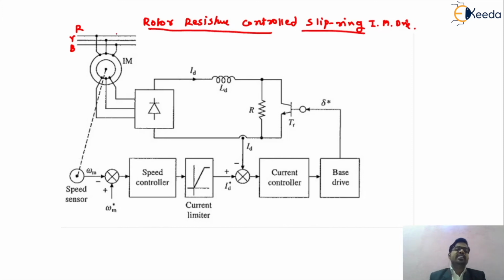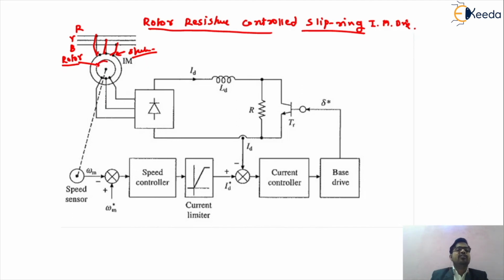So friends, this is a three-phase induction motor. We are giving the three-phase supply to the stator winding of the induction motor. This is the stator winding, and this is the rotor. While designing this slip ring induction motor, we insert a resistance in the rotor circuit.